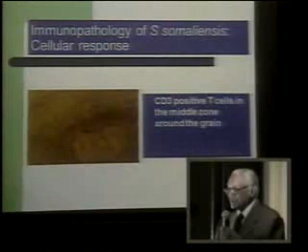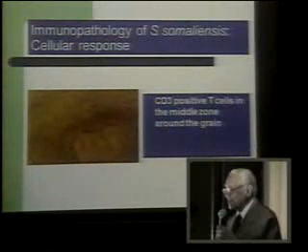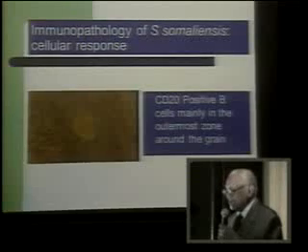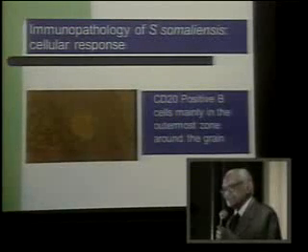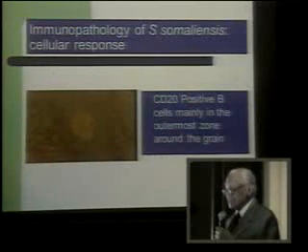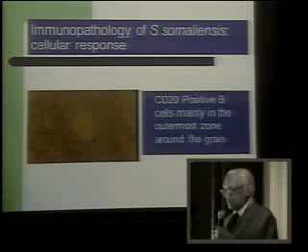In other words, it is mixed, if you like, with the macrophages. And here I stain this section for B lymphocytes. The monoclonal antibody is CD20, and you can see the lymphocytes mainly in the outermost zone around the grain.